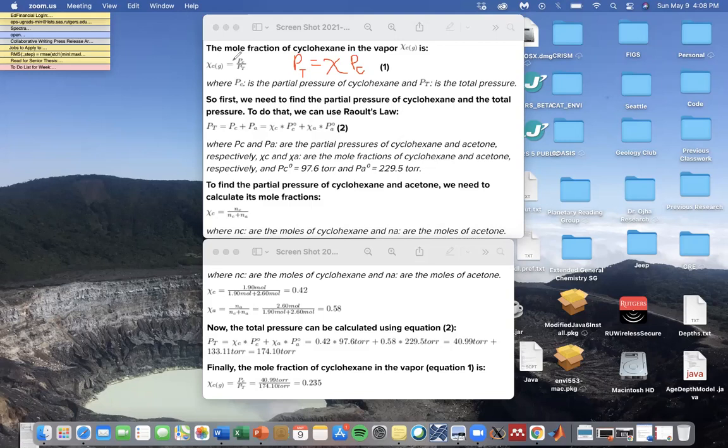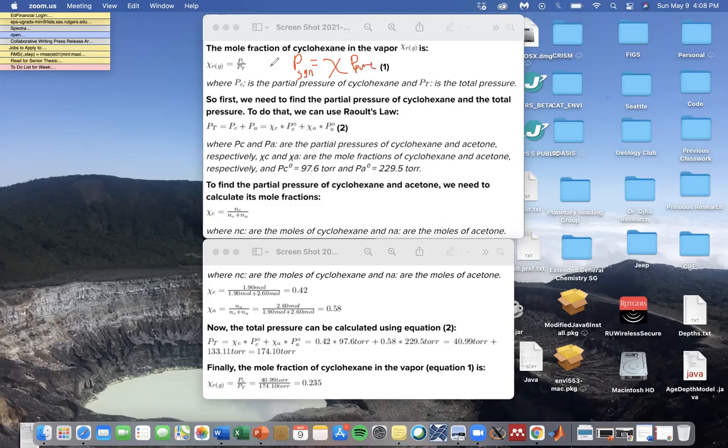P, wait, is it PT over PC? Oh, sorry. So when they're saying PT, this is for the solution. So they're calling that one PC, and this one is for the P of pure cyclohexane.